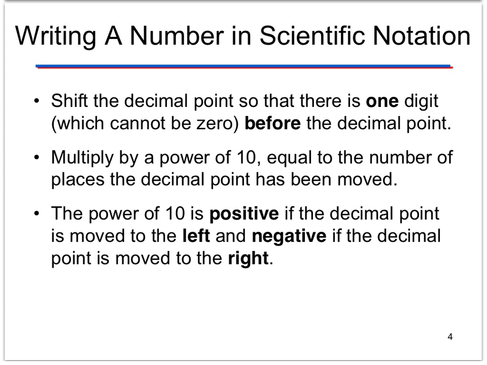Writing a number in scientific notation: shift the decimal point so there is one digit, and the digit cannot be 0, before the decimal point. Multiply by a power of 10 equal to the number of decimal places your decimal point has been moved.